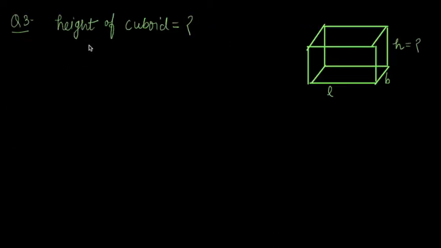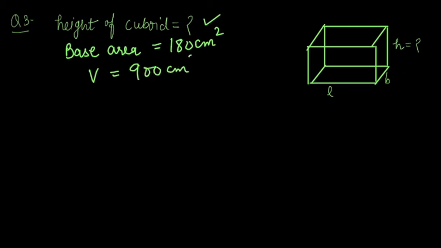Question number 3, find the height of a cuboid you have to calculate, whose base area is given. How much is the base area? Is given as 180 centimeter square, and the volume of this cuboid is given as 900 centimeter cube. So it is a cuboid, right? This is your base area. So base area is what?